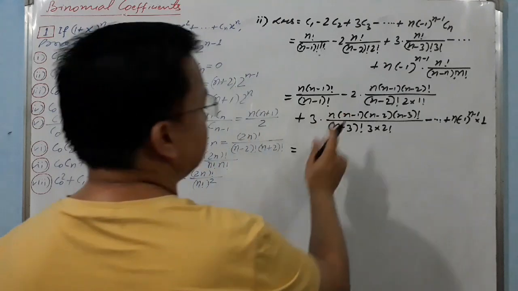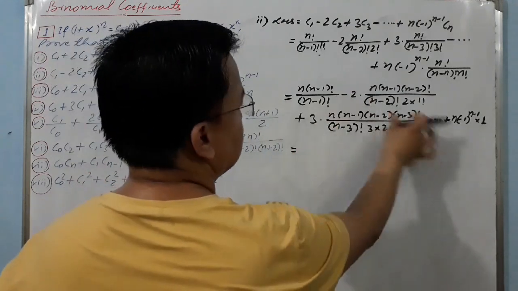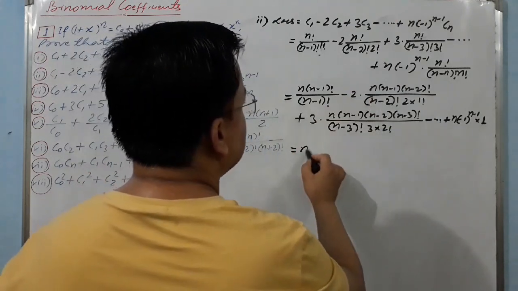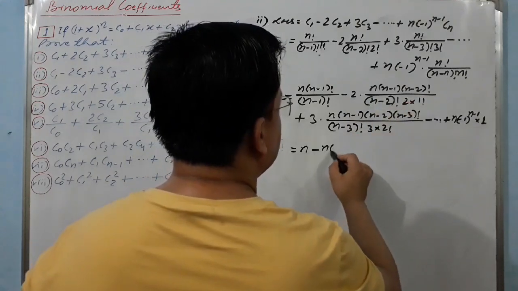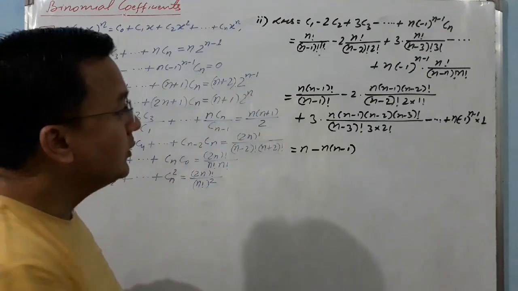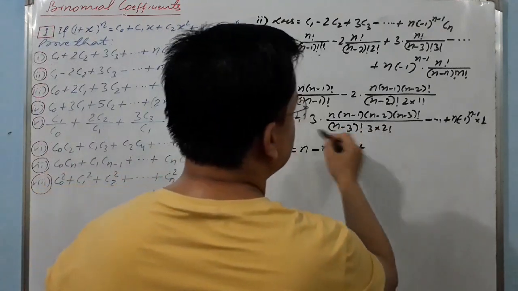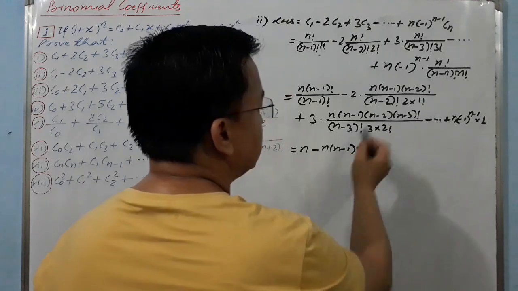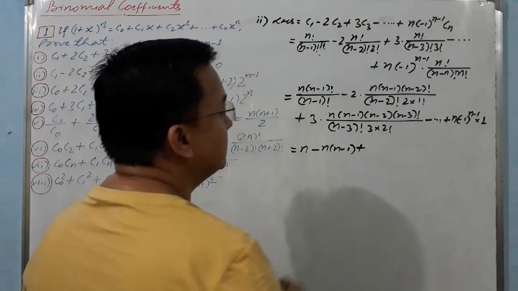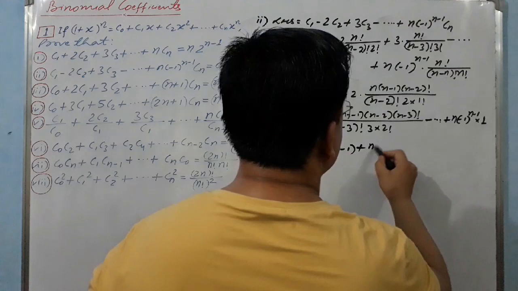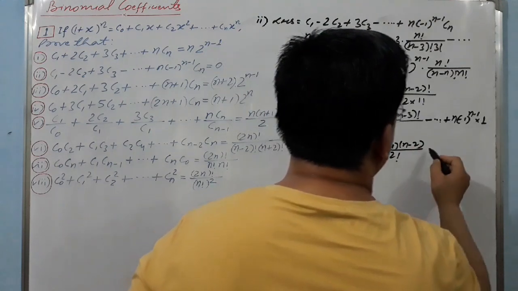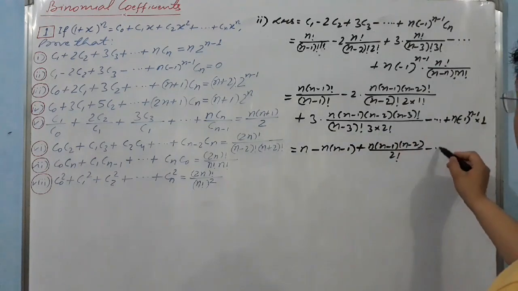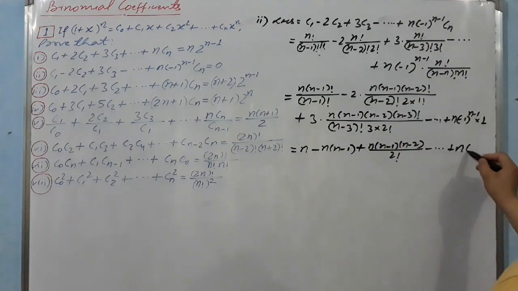It is equal to, same, only we have a minus sign here, alternately minus, minus. Cancel here n minus 2, cancel this, you have n and (n minus 1) over 1 factorial, and plus 3 cancels with 3 factorial, these two terms can be cancelled. You will have (n minus 1)(n minus 2) over 2 factorial, minus dot dot dot, plus (minus 1) raised to power n minus 1.